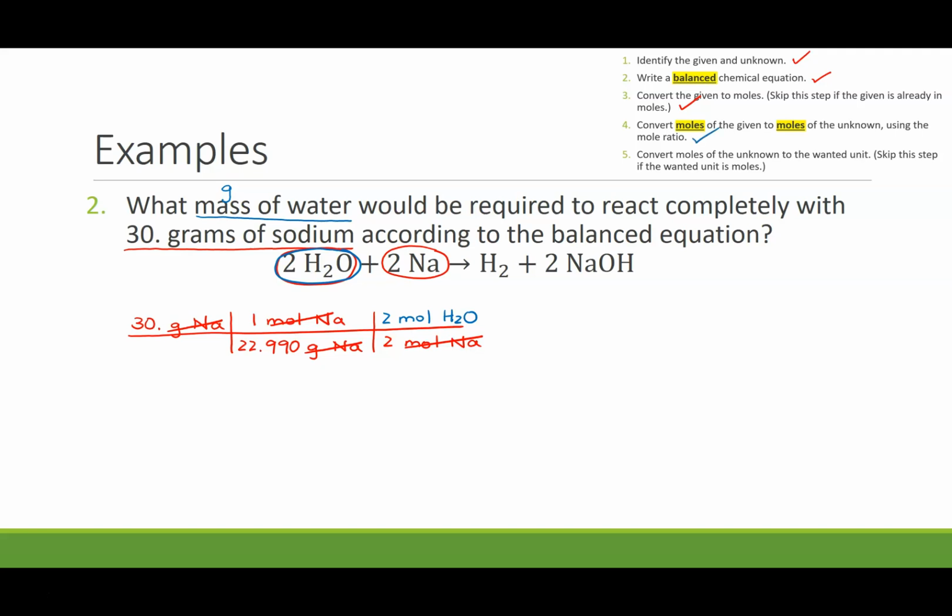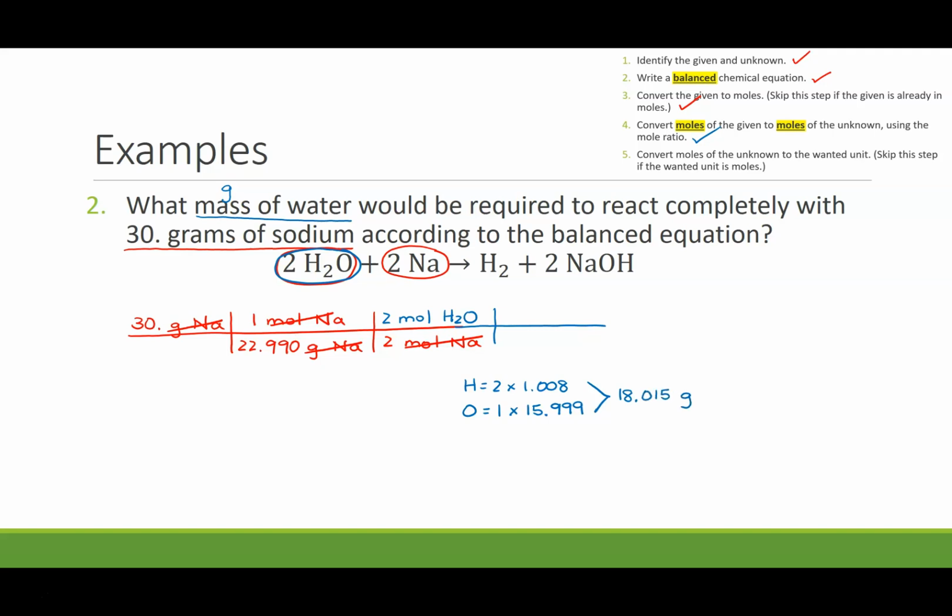Step 5, convert moles of the unknown to the wanted unit. Well, our wanted unit is grams, so I'm going to need the GFM for water. We got 2 H's, and H has a mass of 1.008, and O got one of it, and it's got a mass of 15.999, and when we add that up, that would be 18.015.